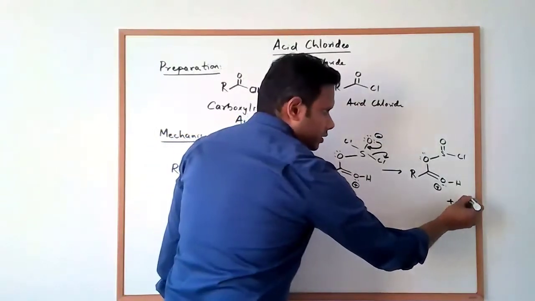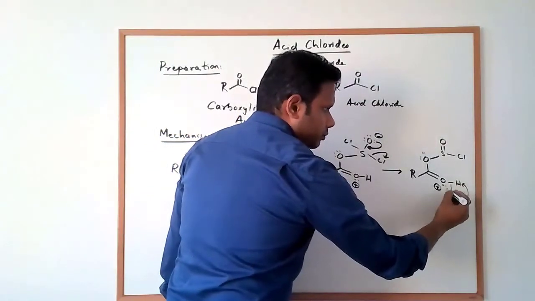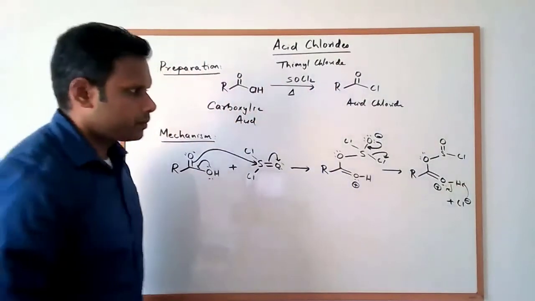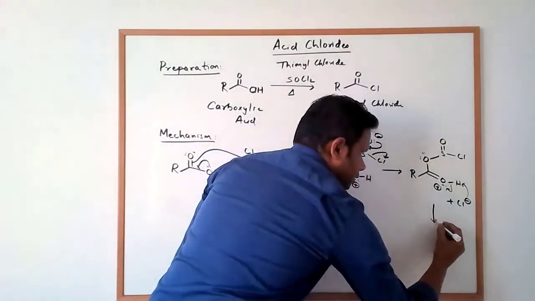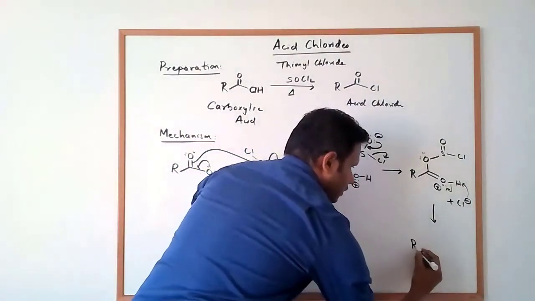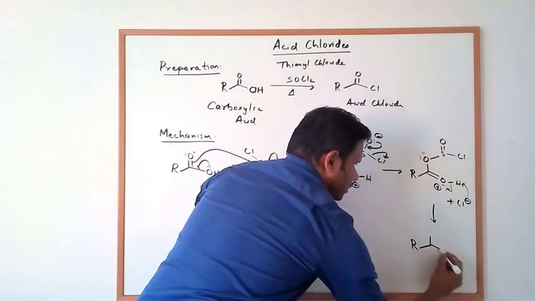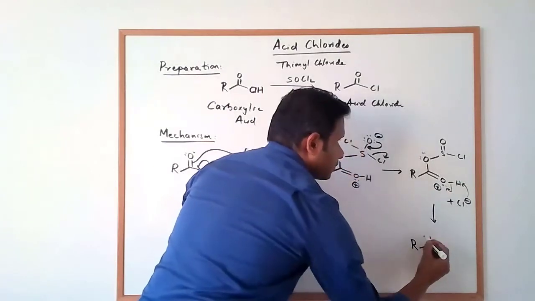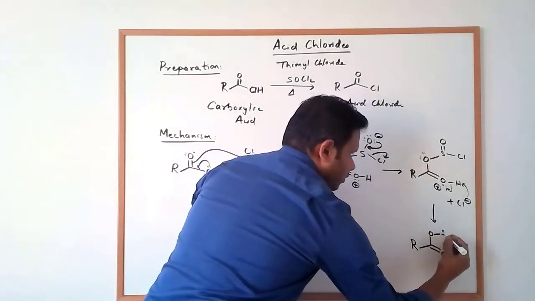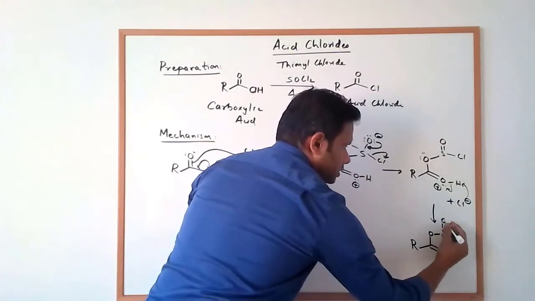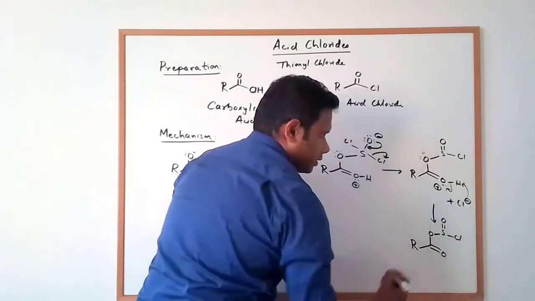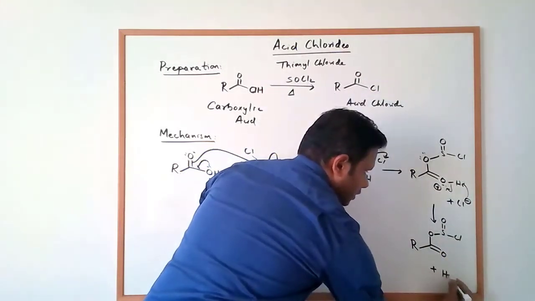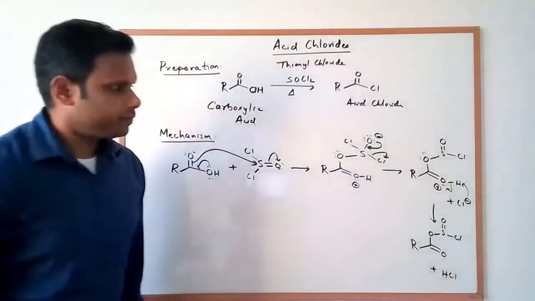The chloride can then go ahead and pick up that proton, or deprotonate, to give us R C double bond O, O, S double bond O, Cl plus HCl.